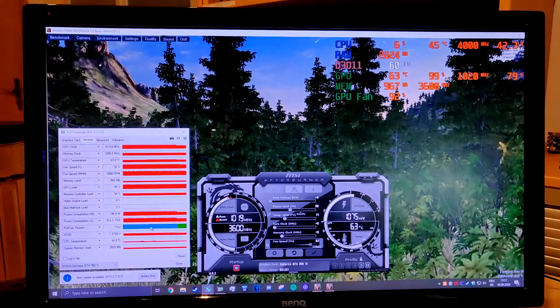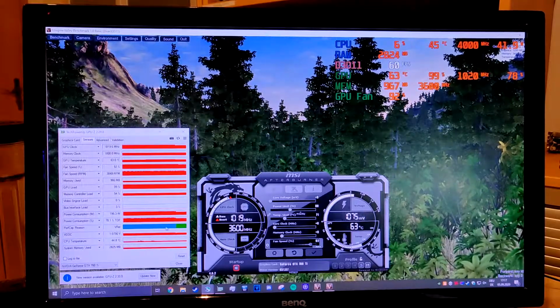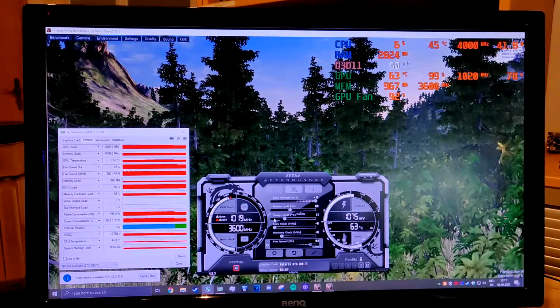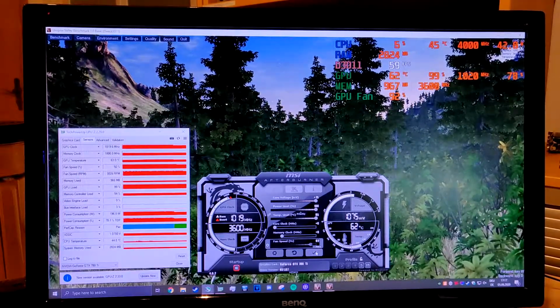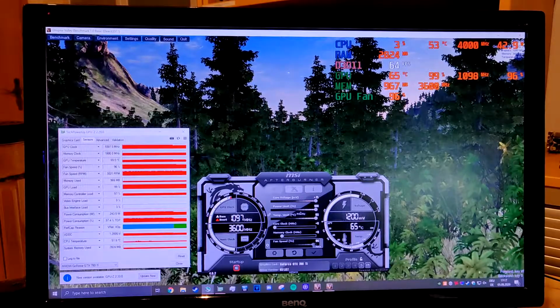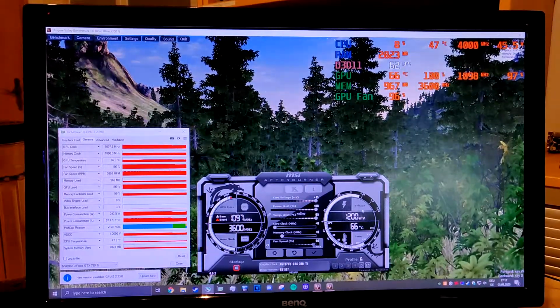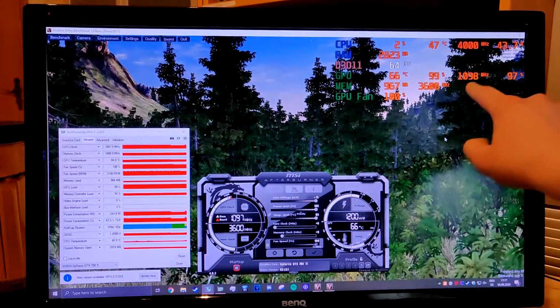If I go here, we see VREL, and VREL just means the voltage is at its max, and we could just increase the voltage, which it won't do if we are power limited. So if you go back to max, we are still at VREL, but we have higher voltage now. And yes, we actually boosted a bit higher now.